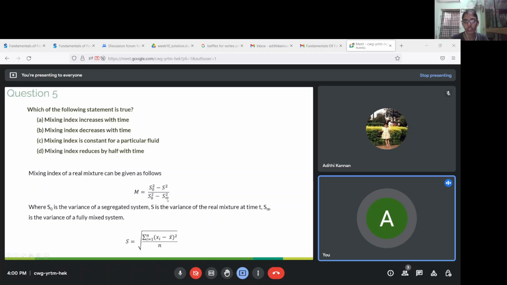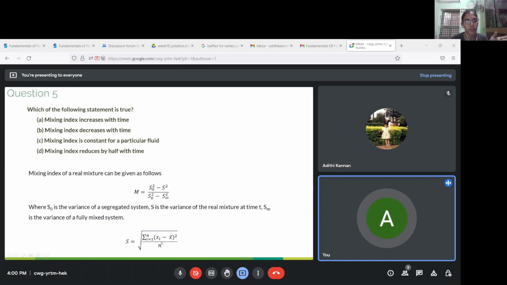So this is just basic statistics. Variance can be given as the root of xi minus x bar the whole square divided by n. Let's say you have n different samples, like at time t equal to 0, you are taking 10 samples. So in this case, n will be equal to 10. So xi will be the fractional component of, say, some component A in each of those samples.